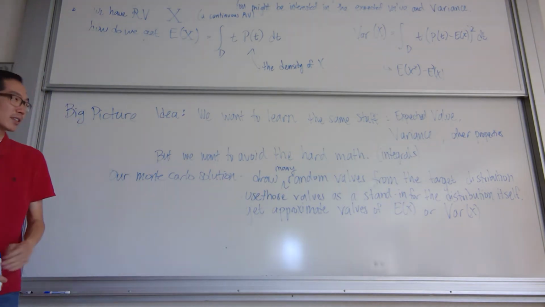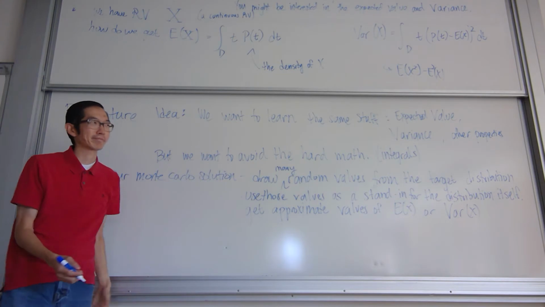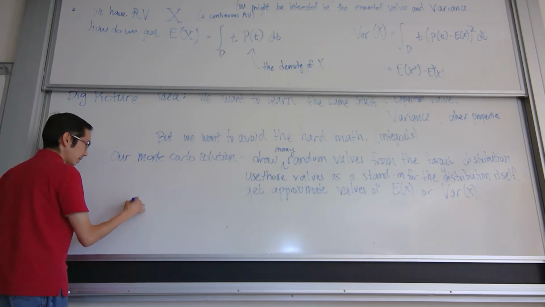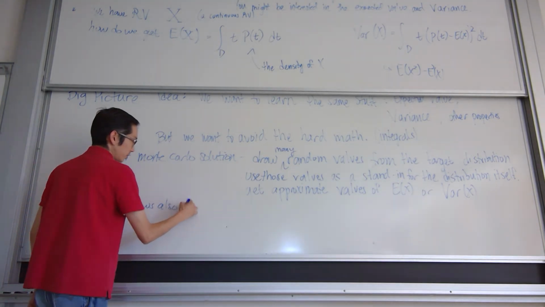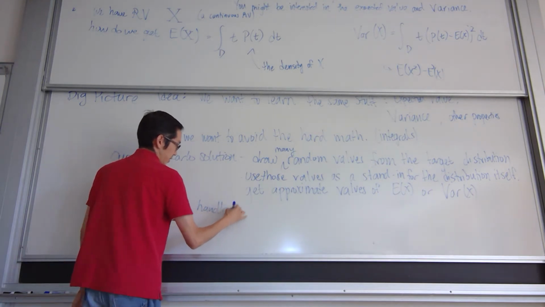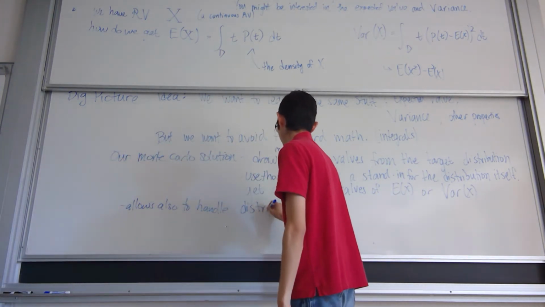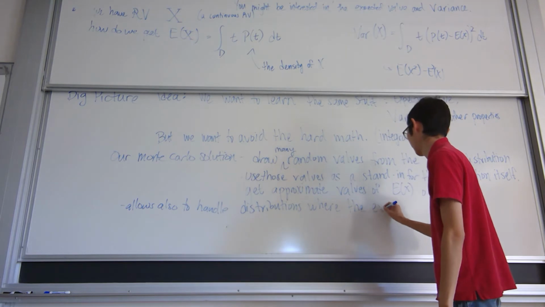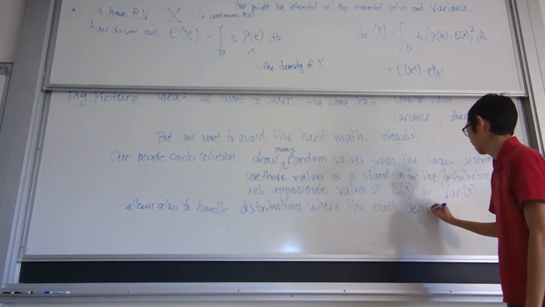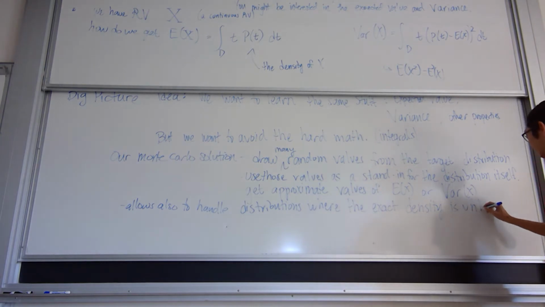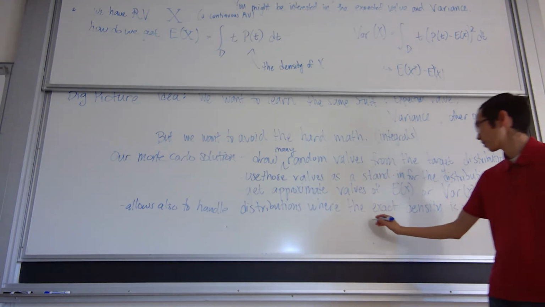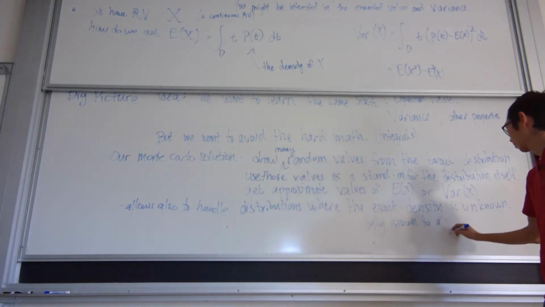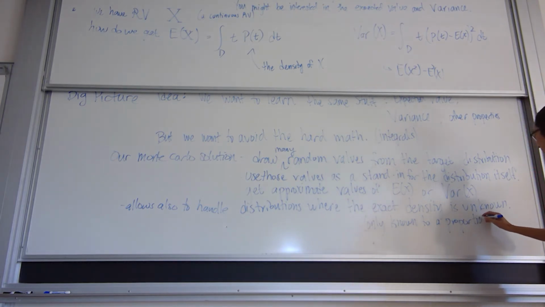So this also allows us to handle distributions where the exact density is unknown, only known up to a proportionality constant.